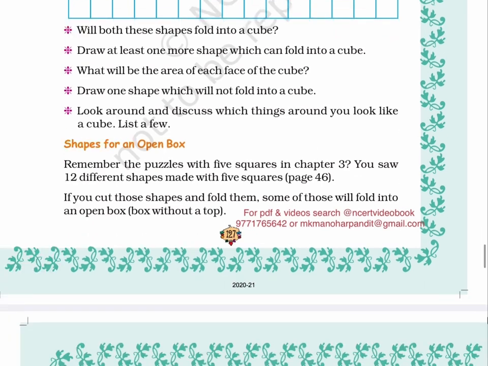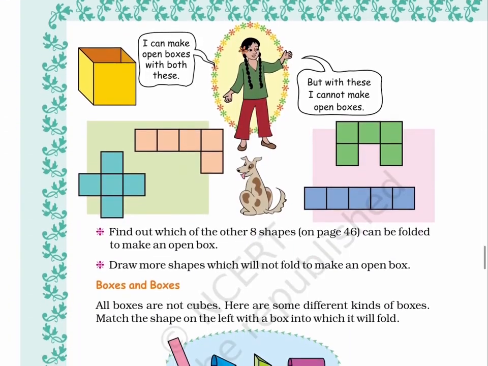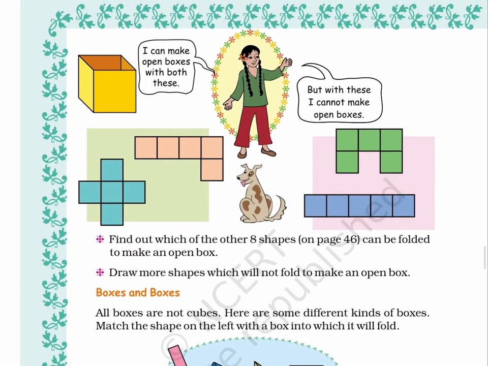Page 128. On the top of the page we have a picture of a girl with a box, thinking and talking to us. She tells us, "I can make open boxes with both these. But with these I cannot make open boxes."